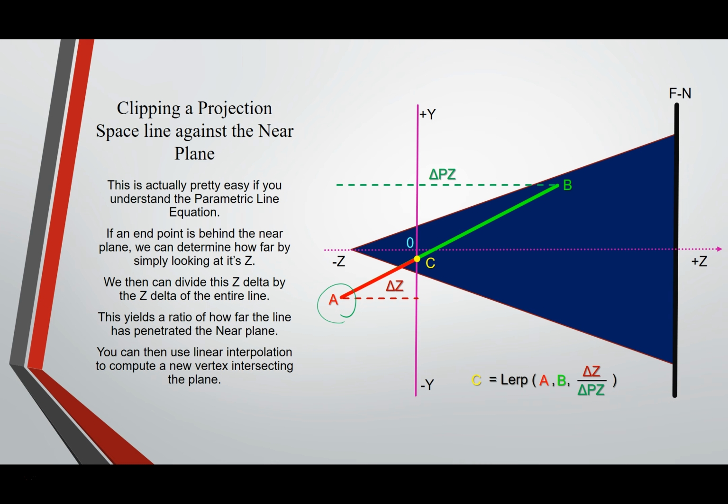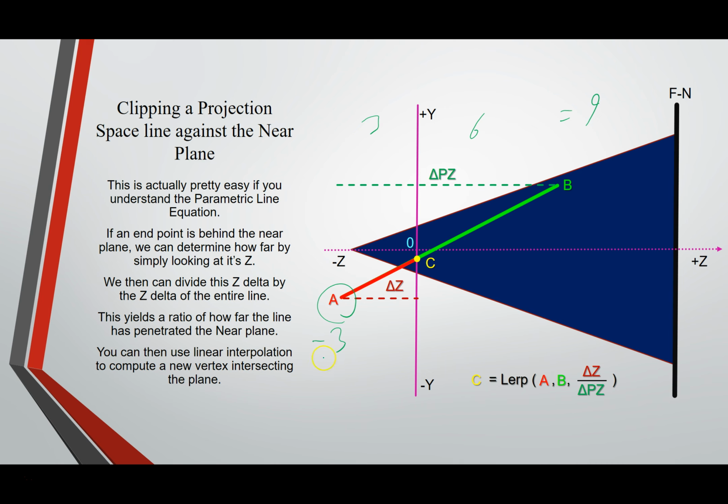If we compare that against the total change in the line along the Z, let's say this edge is, like I said, negative 3 from 0, that's our change of 3, and then if the rest of the way is 6, so if this is 6 and this is 3, then we have a total distance of 9.